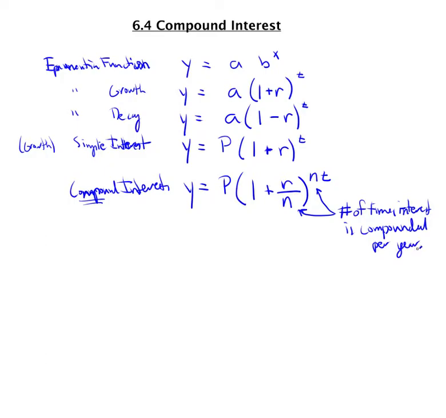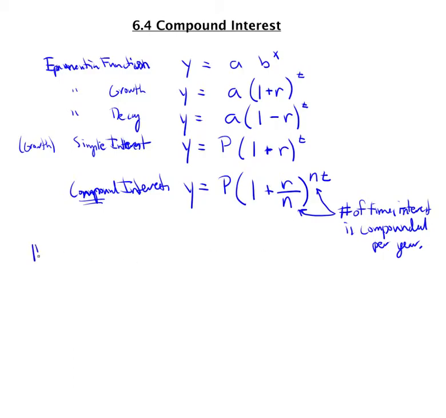And usually it's per year. Sometimes it's per month, like T is months. That's more with a credit card, but most of the time it's per year. And actually the credit card is per year, but then they charge it per day, and it just gets really complicated. But this is the basic principle of that idea.